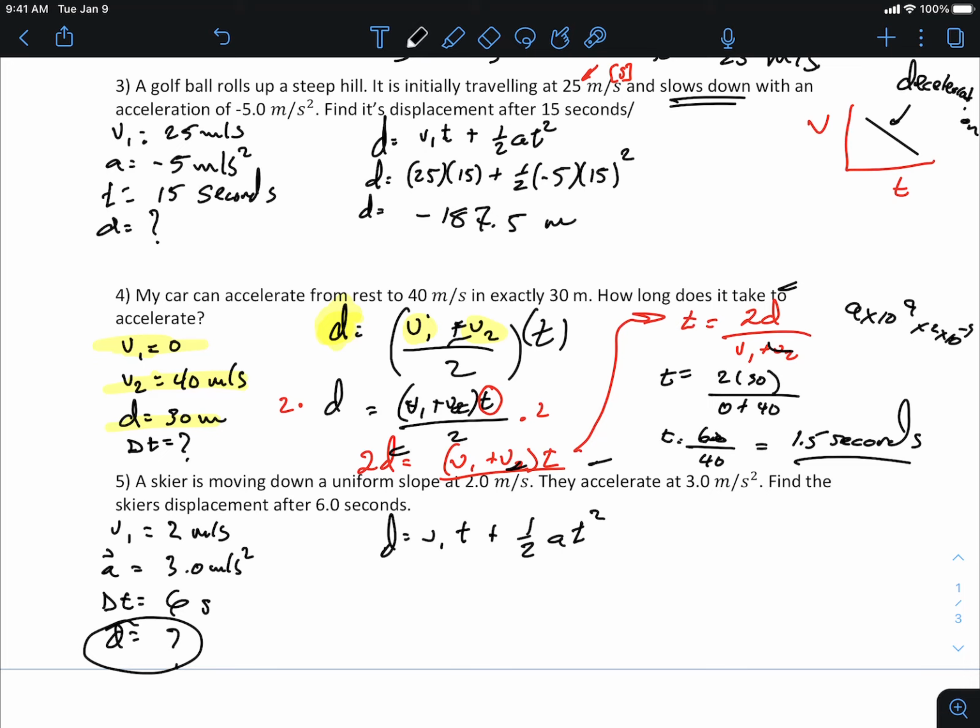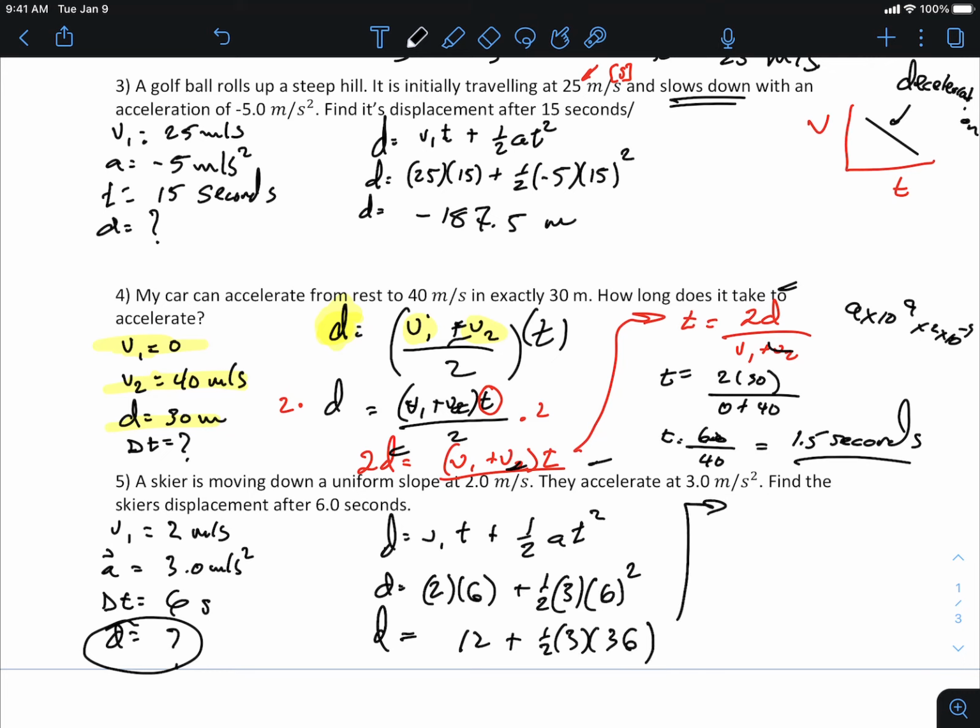Okay, so we can just solve this now. We know d is going to equal 2 times 6, plus 1/2 of 3 times 6 squared. So you're going to get d equals 12 plus 1/2 of 3 times 36. And sometimes I'll try doing things in a way that maybe you guys don't need calculators, right?